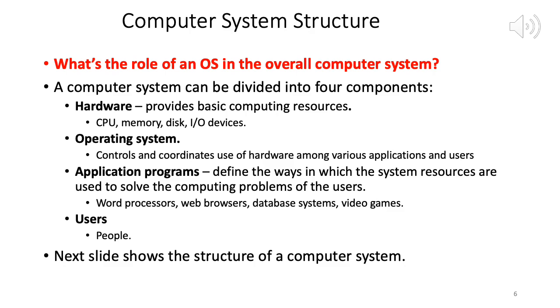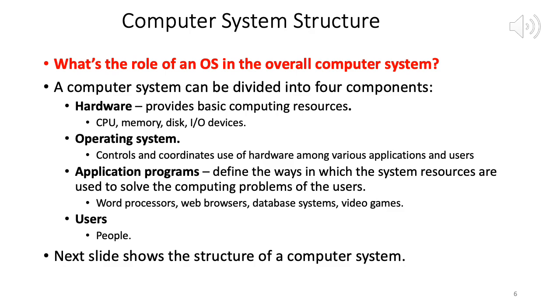The memory will not be enough to accommodate all the applications and their data, so you need a form of secondary storage, which is a disk. And then you've got a bunch of I/O devices which you deal with, like your monitor, your keyboard or your mouse. So at the lowest layer you've got all this hardware which provides basic computing resources, resources which all of your applications use to execute.